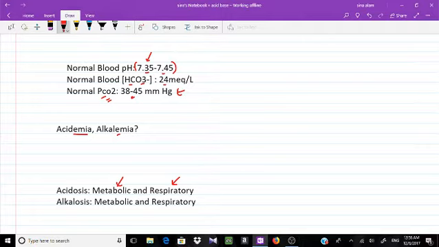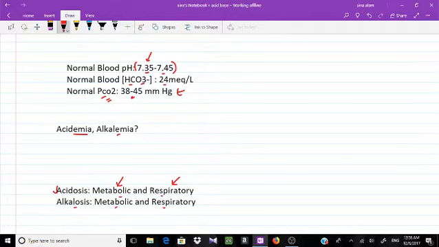So when there is a change in carbon dioxide and a change in bicarbonate level, it gives rise to a change in acid-base balance. There will be acidosis or alkalosis, depending; we're going to describe that. But simply, acidosis can be metabolic and respiratory, and alkalosis can be metabolic and respiratory.